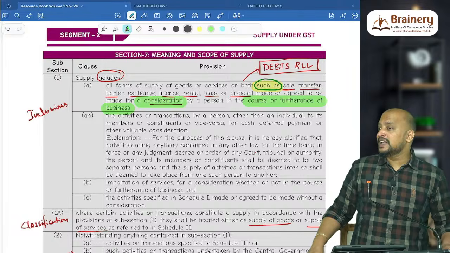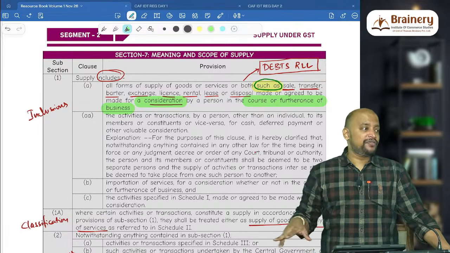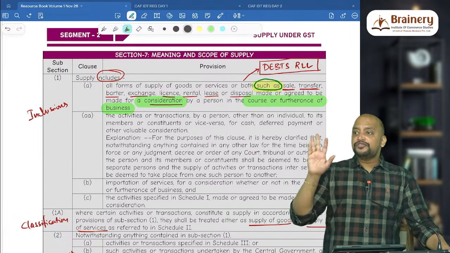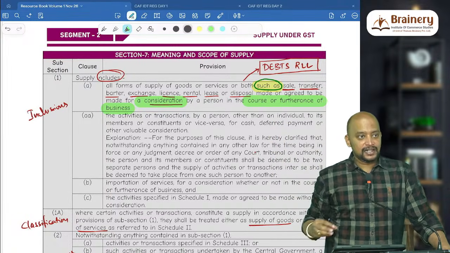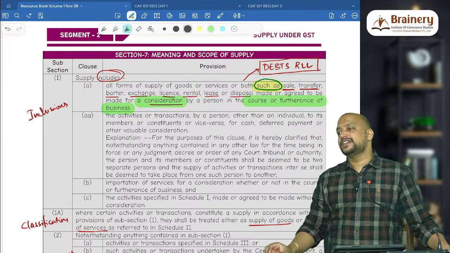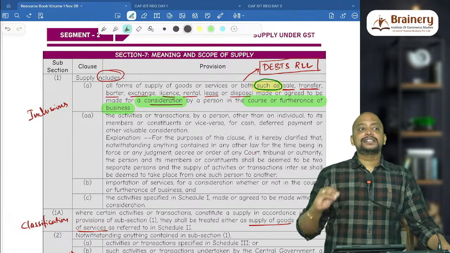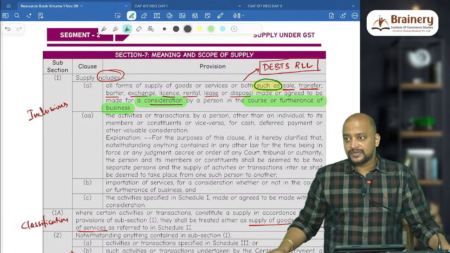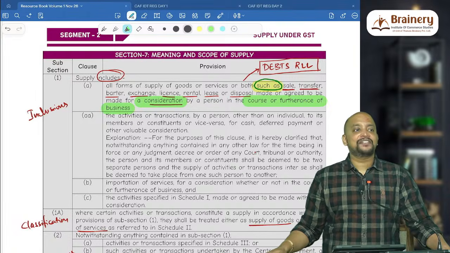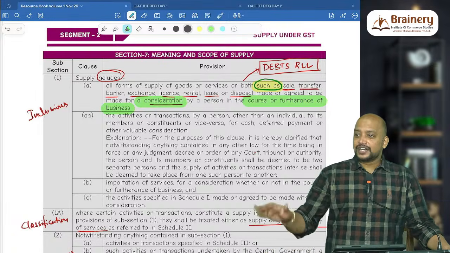Second, it should be in the course or furtherance of business. If these two are satisfied, then any activity will become supply. Now I am taking class. Is it an activity? For consideration, in the course or furtherance of my business, therefore it will become supply under 7.1a.